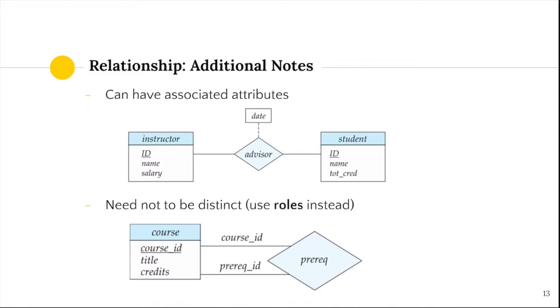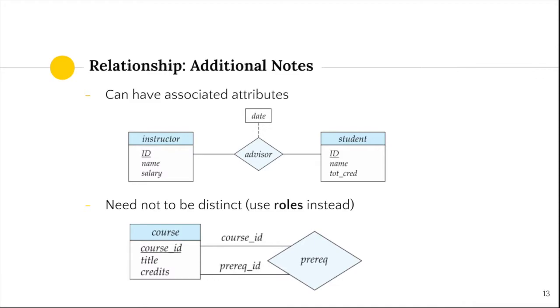So, for example, we have the entity set course or the set of all courses. One course could be related to another course using some relationship. For example, we have the prereq relationship. So, one course is a prereq of the other. So, ang important lang for those types of relationship is we need to specify the role.